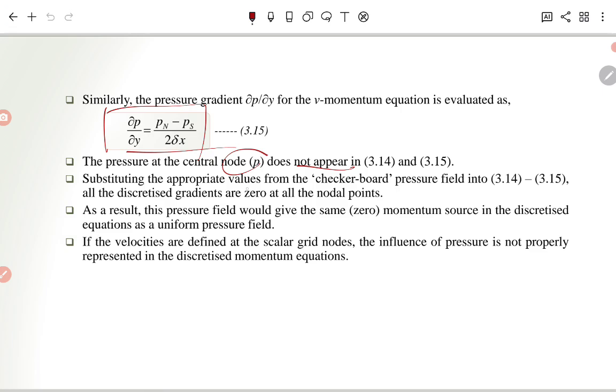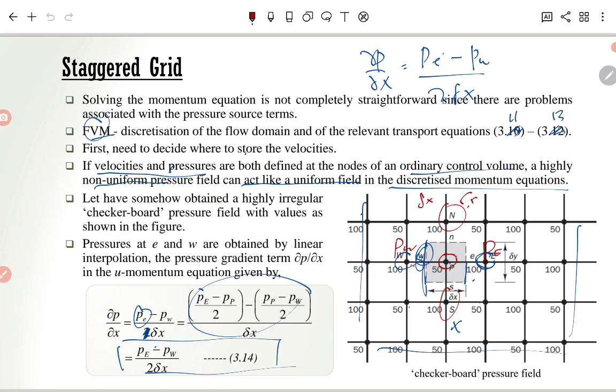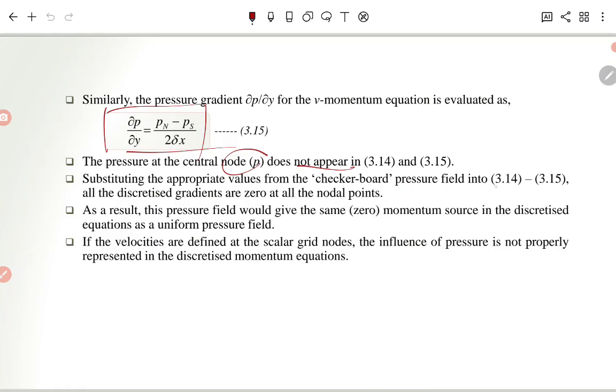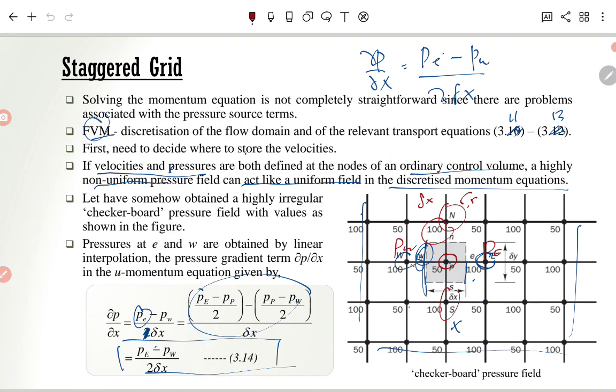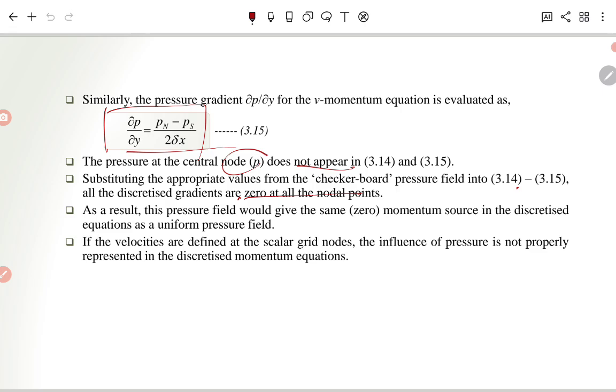So we can substitute the appropriate value from the checkerboard pressure into this equation, and the discretized gradient is also 0 at all the node points, because at all the points here PE and PW cancel each other, and also if you look at the points from here to here, they cancel each other, so that we have a discrete gradient of zero at all node points.